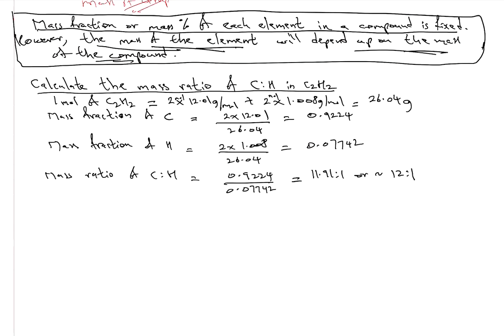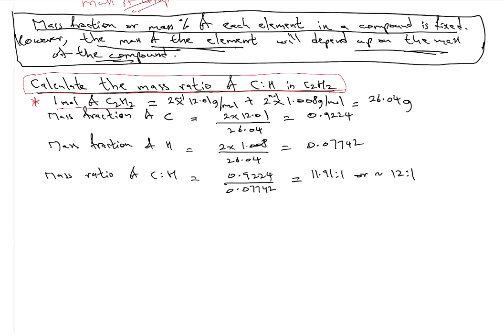So let's take the example of calculating the mass ratio of carbon to hydrogen in C2H2. This is a question asked in exams. First of all, we have been given 1 mole of C2H2. How much does it weigh? We said in the previous video, the molecular weight is the sum of the atomic weights.